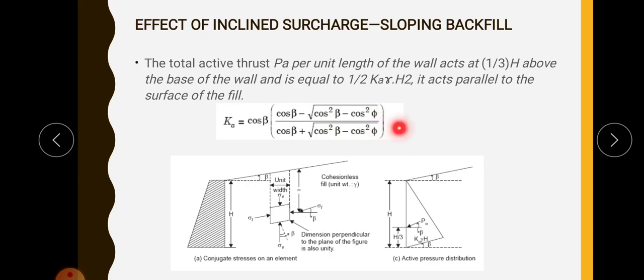So phi is the angle of shearing resistance, beta is the inclination of the backfill soil with horizontal. So this is the only change, the change is only for this constant Ka. Others are the same. So the lateral earth pressure at the bottom level will be Ka into gamma into H, and this Ka is calculated using this equation if it is inclined.